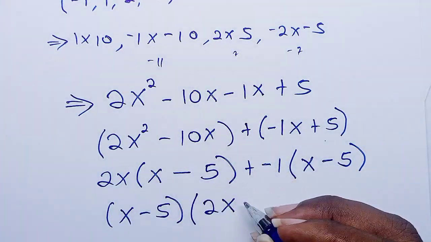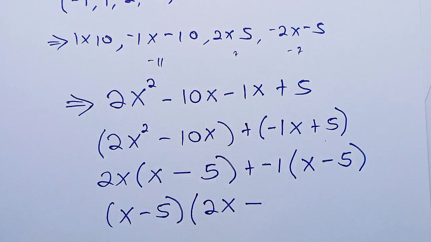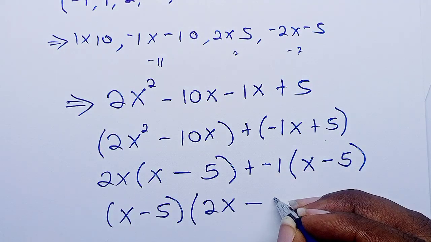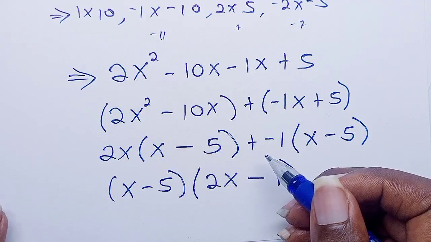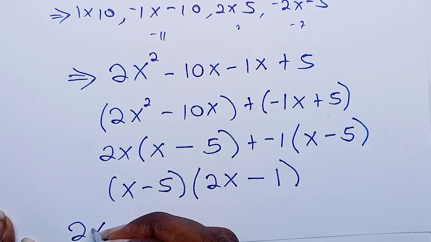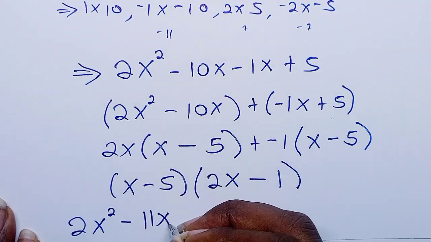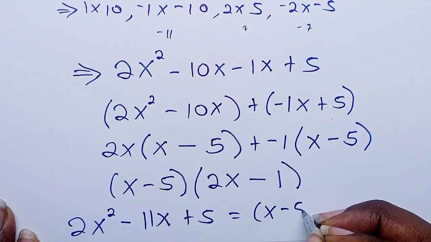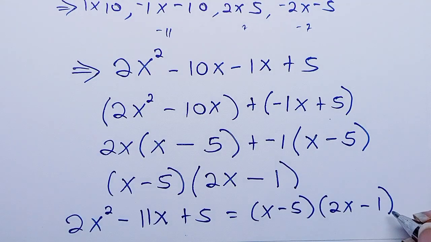Then with this sign minus, this divided by this cancels out and we are left with minus 1. As you can see, we've been able to factor the expression. So 2x squared minus 11x plus 5 is equal to x minus 5 into 2x minus 1.